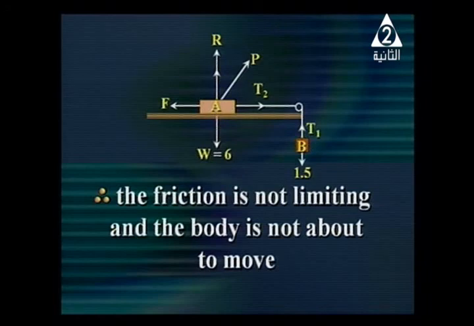Why? Because F is smaller than mu R. When F is bigger than or equal to mu R, the body is about to move. But here 1.5 is smaller than 2, so F is smaller than mu R, then the friction is not limiting and the body is not about to move.